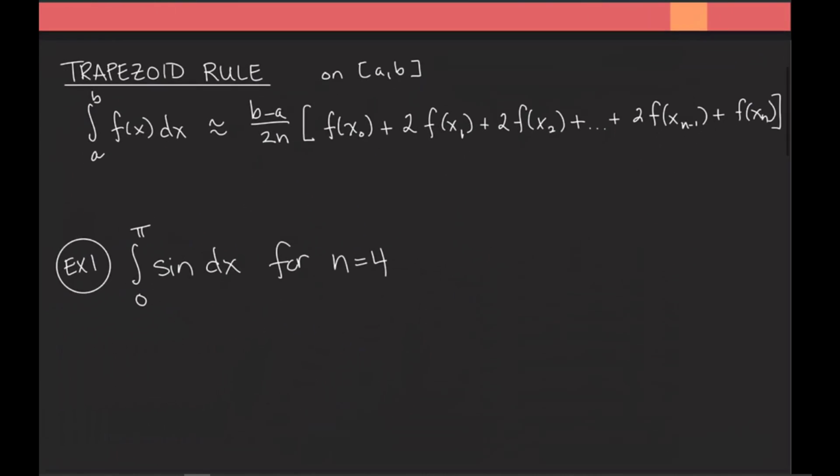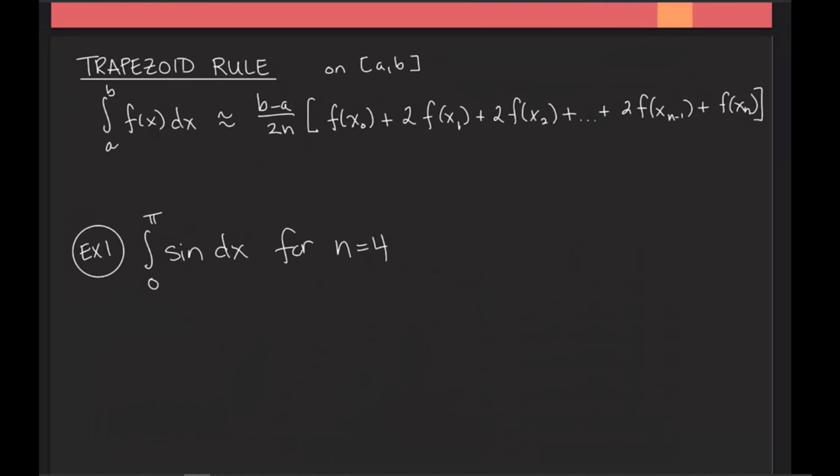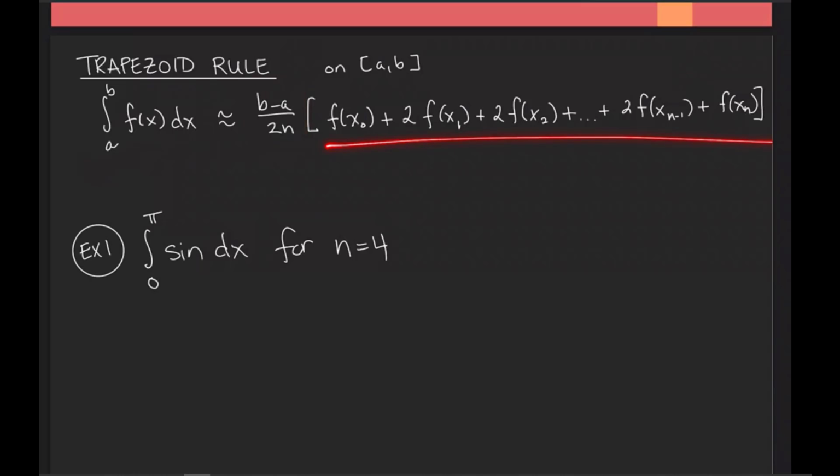So this is the trapezoid rule. Okay, so to find the integral from a to b of some function, first you're going to take b minus a over 2n. That's the thing you're going to multiply by all this stuff. And all this really says is you're going to basically start at a and you're going to move in increments.